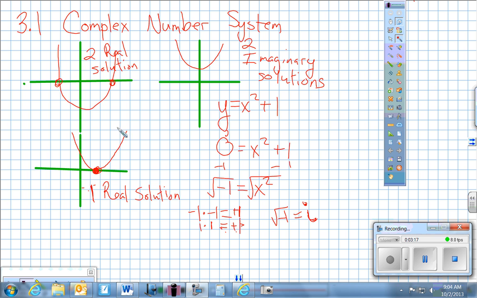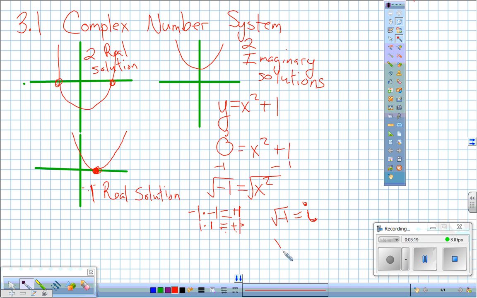When I'm actually solving one of these graphs, I will have x equals plus or minus i. That's basically because we want two solutions that will happen in some random places that we don't know, but they always need to come in pairs.